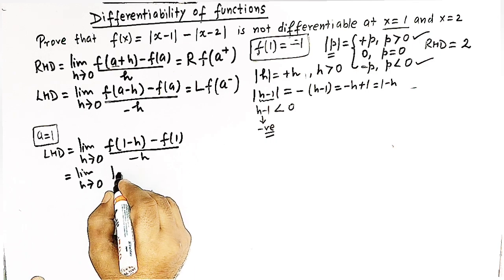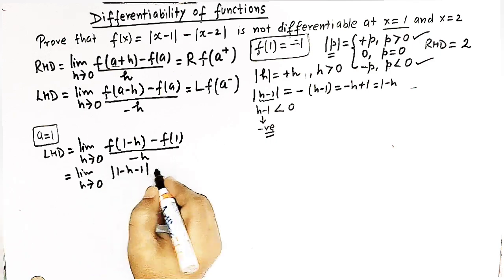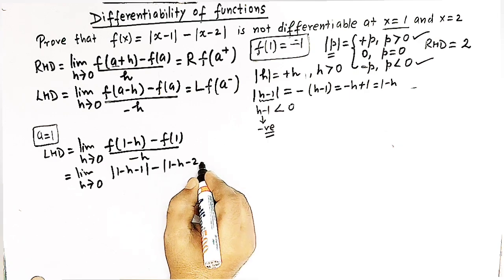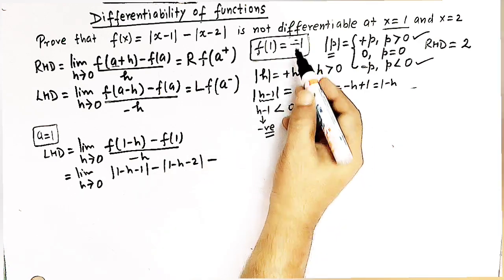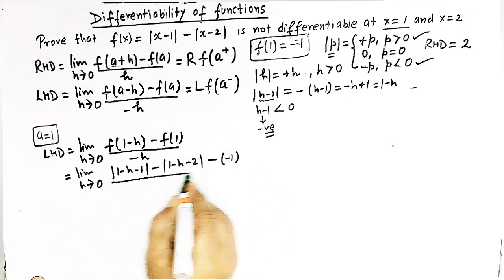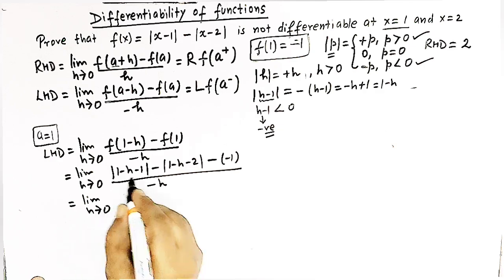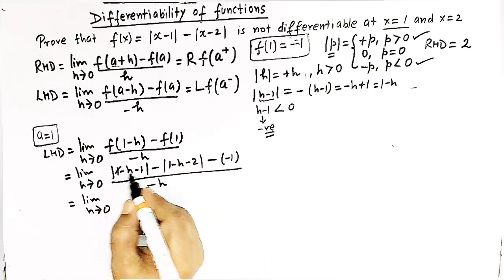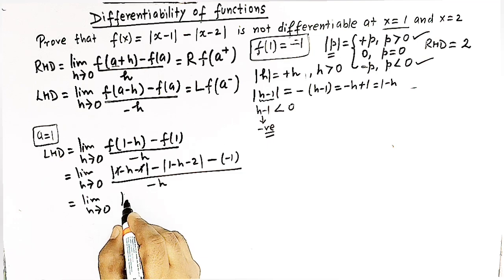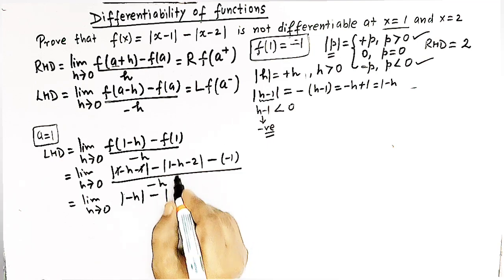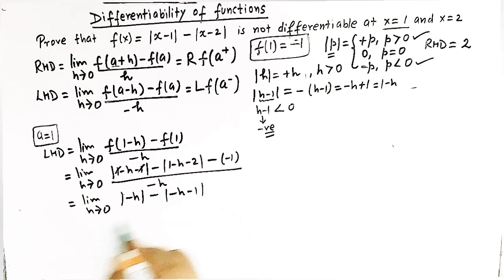So we have a mod of 1 minus h minus 1, then we have here 1 minus h minus 2, and f of 1 is minus 1. And here we have minus h. So let us simplify this expression. So here 1 and minus 1 get cancelled. So we have mod of minus h, and here we have mod of minus h minus 1, right? And here we have plus 1, and here we have minus h, right?